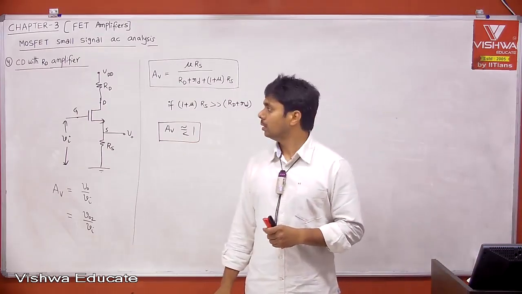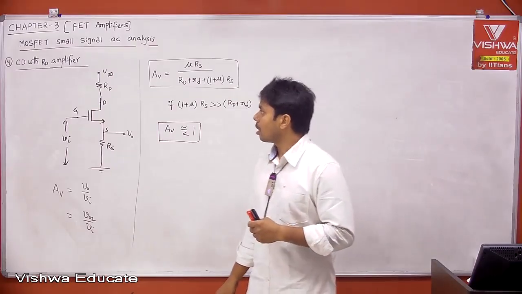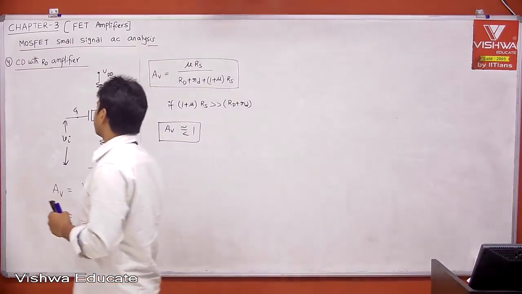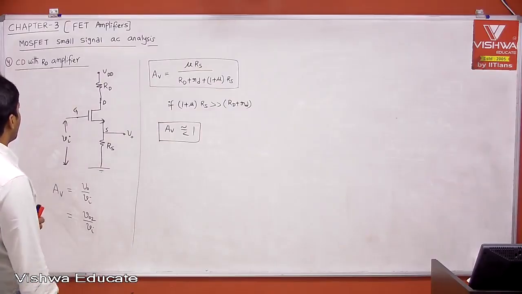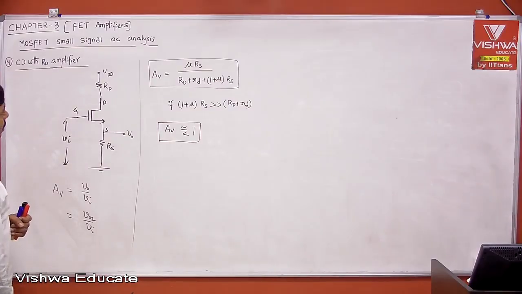Welcome back. In the last class we saw the configurations, common source with RS and CD with RD, and we calculated all the voltage gains.